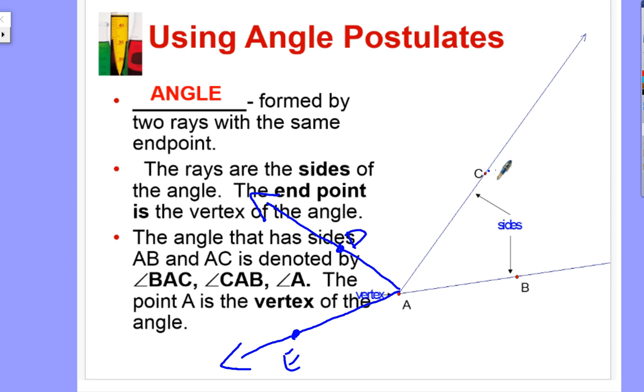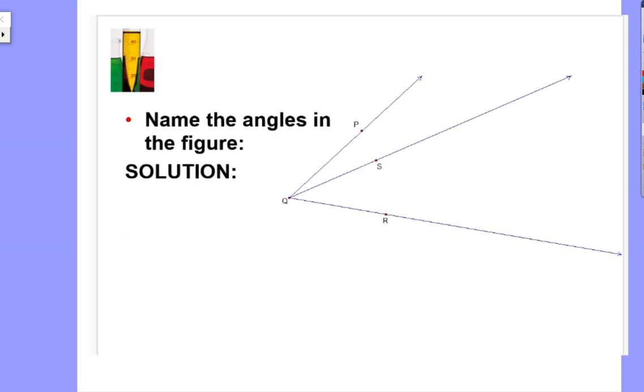Because A is the vertex of CAB, it would be the vertex of DAC, and it would be the vertex of DAE. So we cannot simply call it angle A when there is more than one angle attached to that vertex.